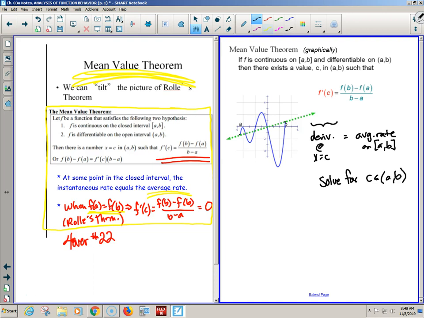That's literally what you do for MVT, the entire section long. You find the derivative, like critical numbers, but instead of setting that equal to 0 or DNE, you're setting it equal to the average, which we've talked about before, f of b minus f of a over b minus a. So equation equals equation, and then you have to solve for c.